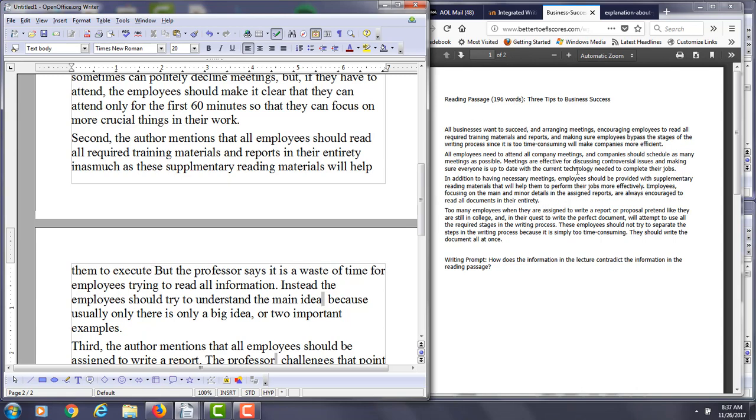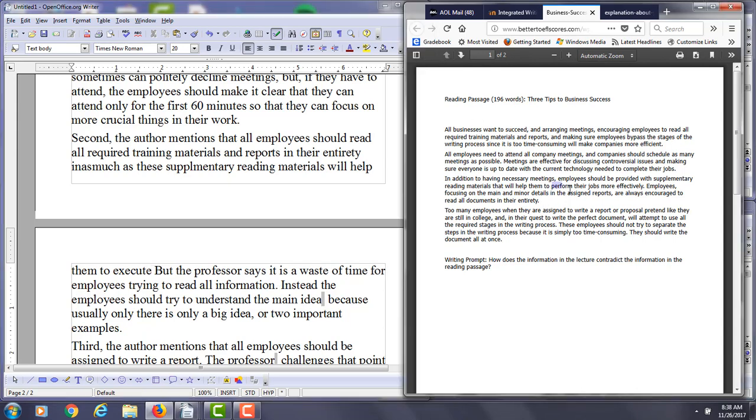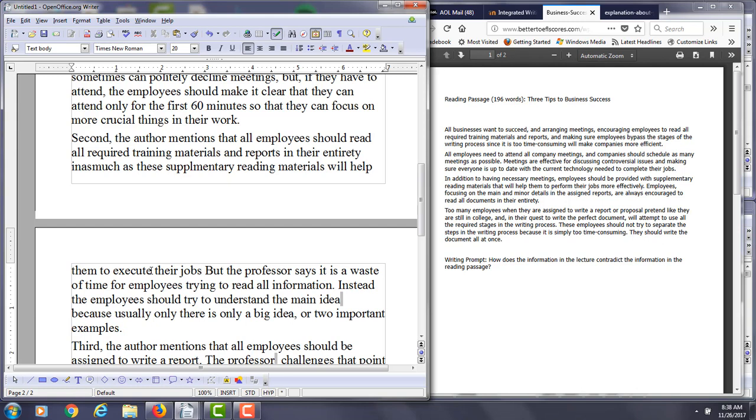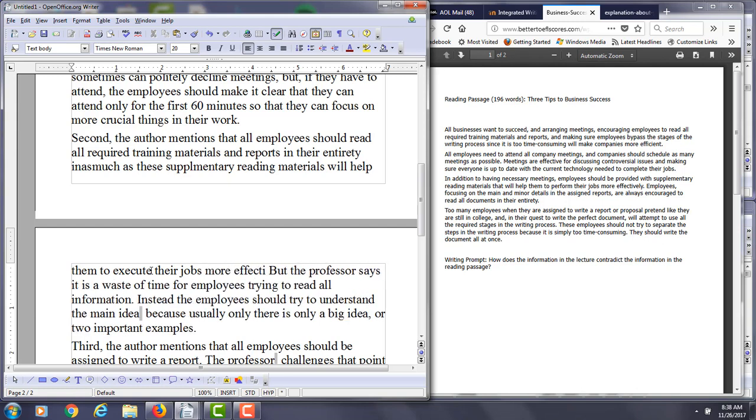Because execute is a synonym for the word perform, where it says in the reading, perform their jobs more effectively. To execute their jobs effectively.